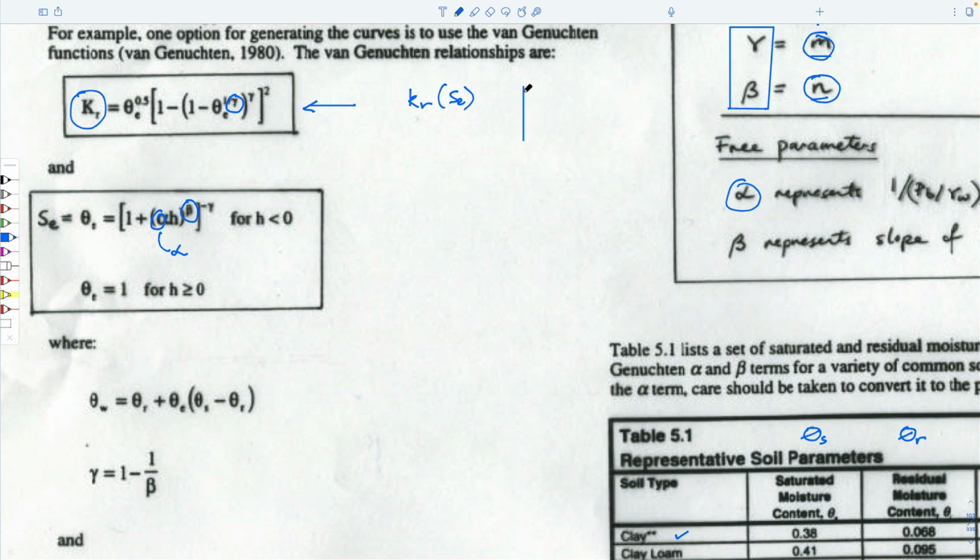So you have immediately from this a curve that looks like this, and from this bottom equation you have the corollary to it, which again you've seen many times.